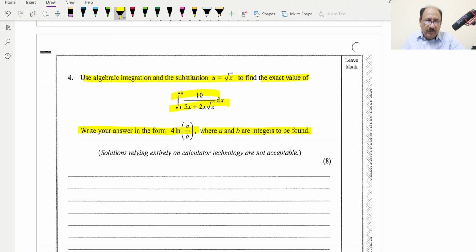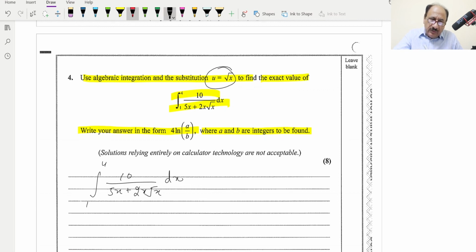So we will be integrating this one: integral from 1 to 4 of 10 over 5x plus 2x under root x dx, and we can make whatever replacement is instructed to us.